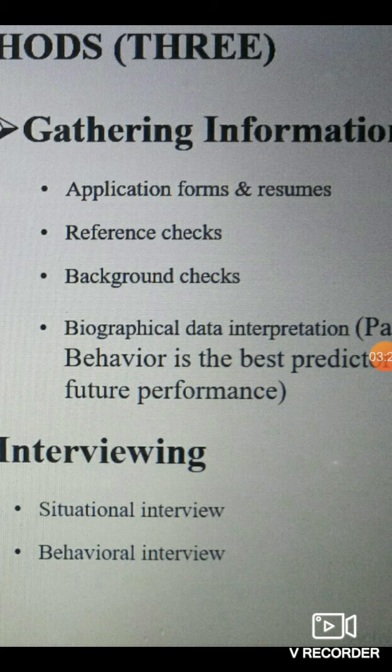A reference check can be conducted with the people named in the referred information. If you go through an application form, there will be a column at the end asking for reference details. Reference details from your past colleagues, past employer, and your faculty.